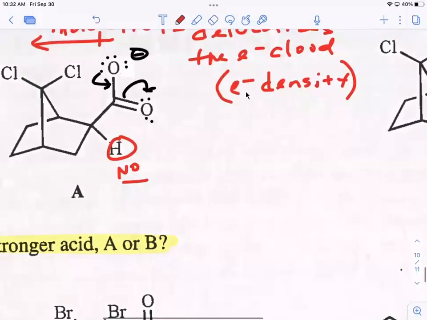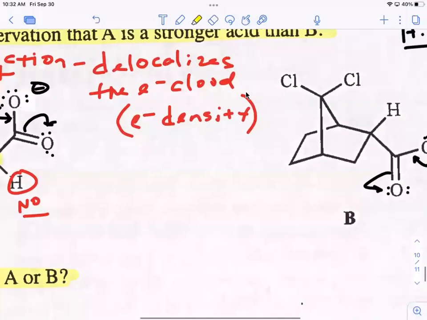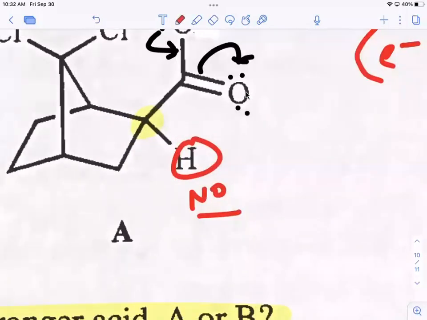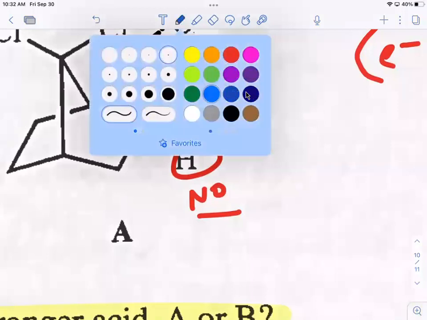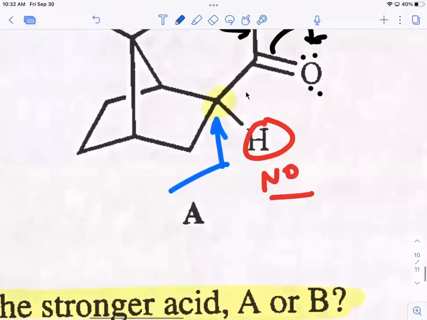What happened is this carbon right here, this is a good little introduction to chirality, right? This carbon is what we call a stereocenter.